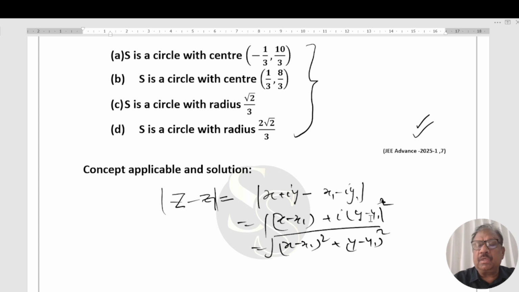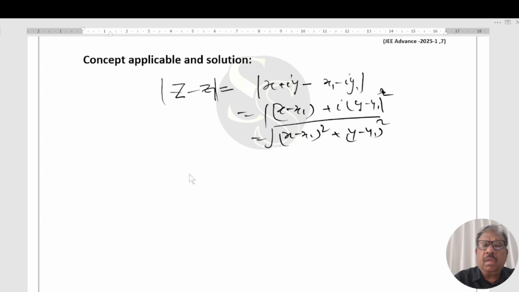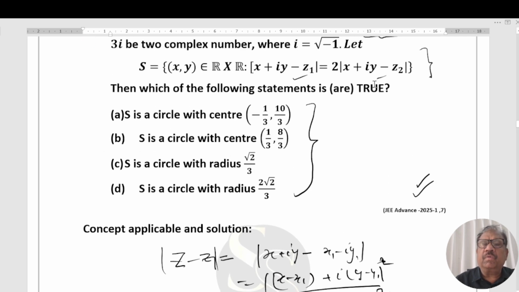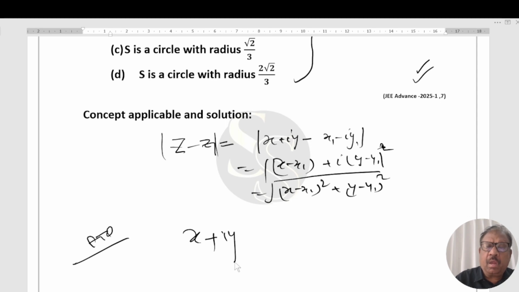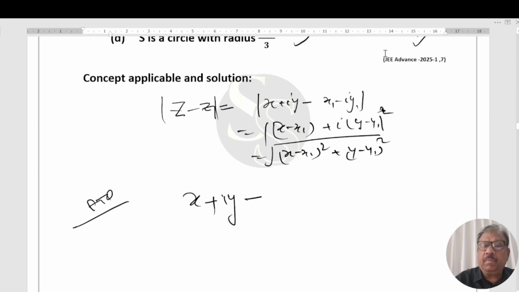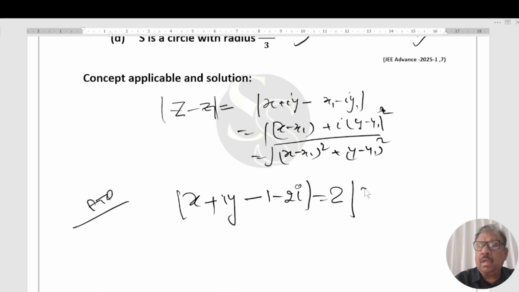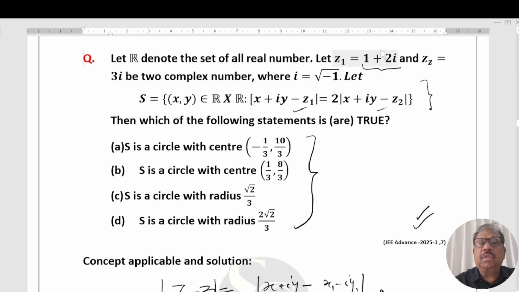Using this concept, according to the question, z minus z1 means x plus iota y minus 1 plus 2 iota, equal to 2 times x plus iota y minus 3 iota.